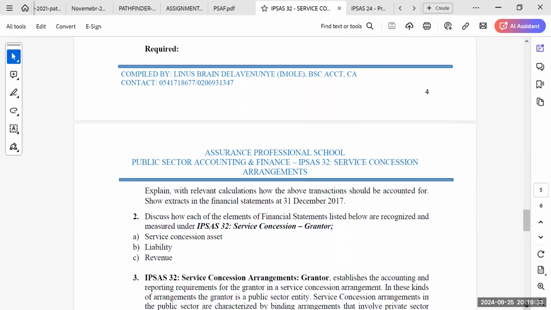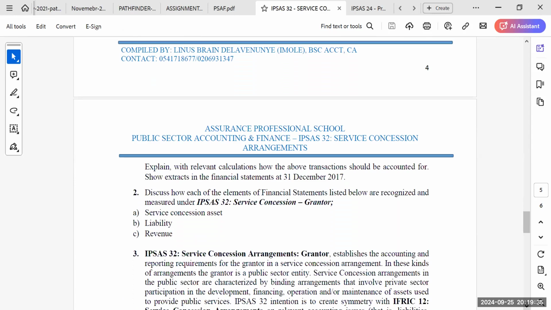Question number 2: Discuss how each of the elements of the financial statements listed below are recognized and measured under IPSAS 32, Service Concession Arrangements: Grantor. A, service concession asset. B, liability. And C, revenue. So let's come there.